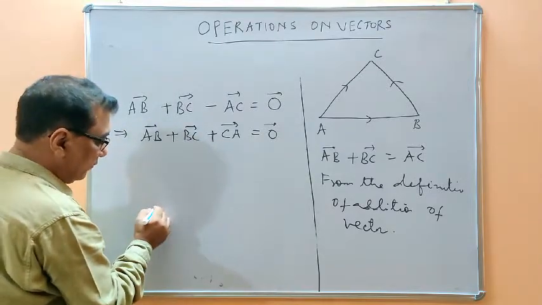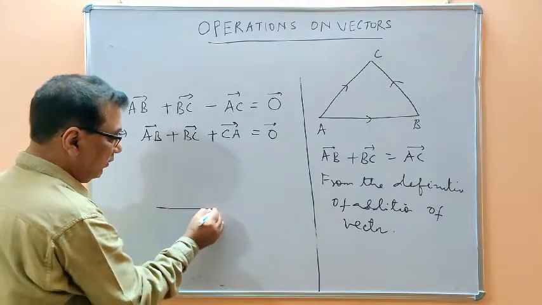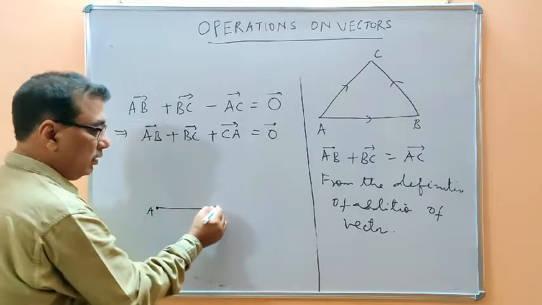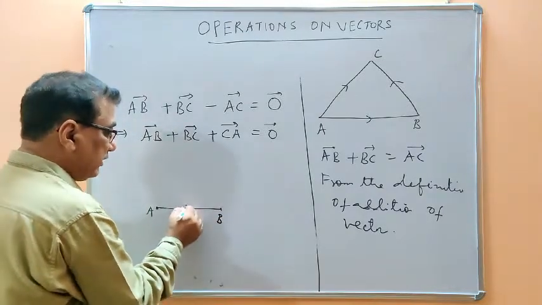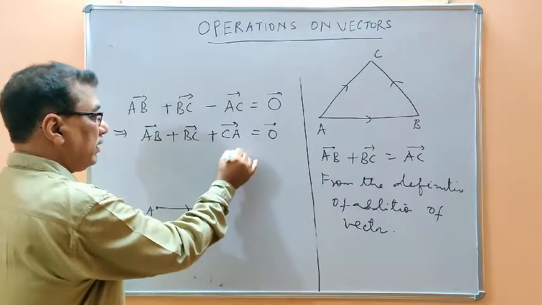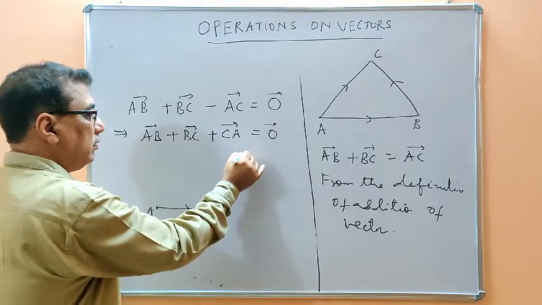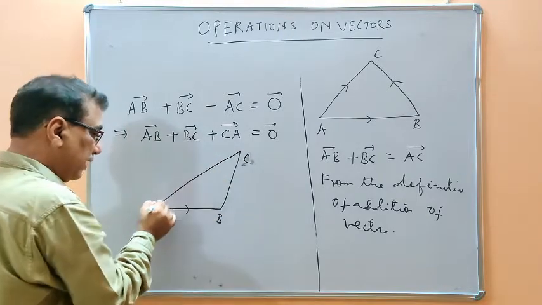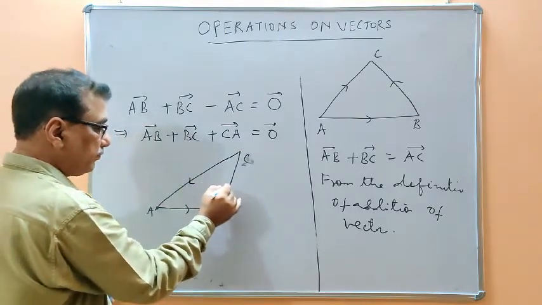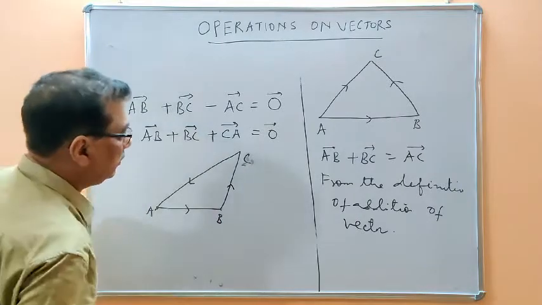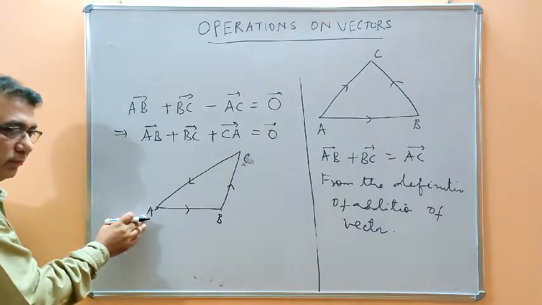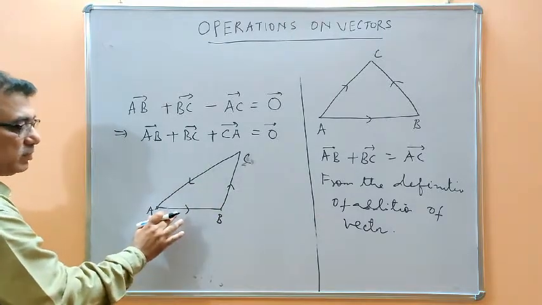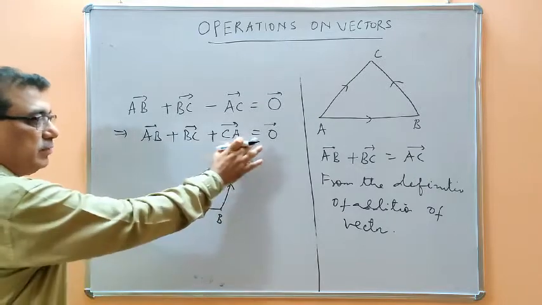If we start from one vertex of a triangle, and then without changing the direction we go to the second vertex, and again without changing the direction we come back to the first vertex, the final displacement, meaning the addition of all this, will be 0.